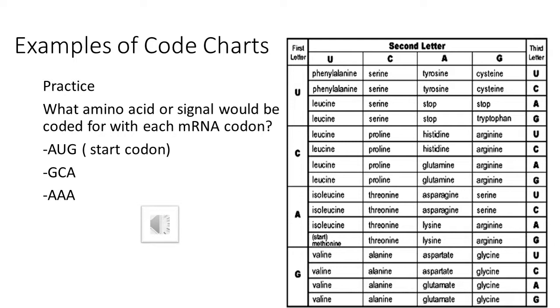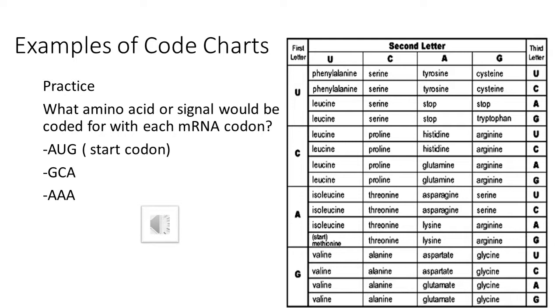For example, AUG. How can you read AUG and get its amino acid? Please use your finger with me. A, put your finger on the first letter A on the left side and move your finger to the second letter U. The second letter, you get from the top.